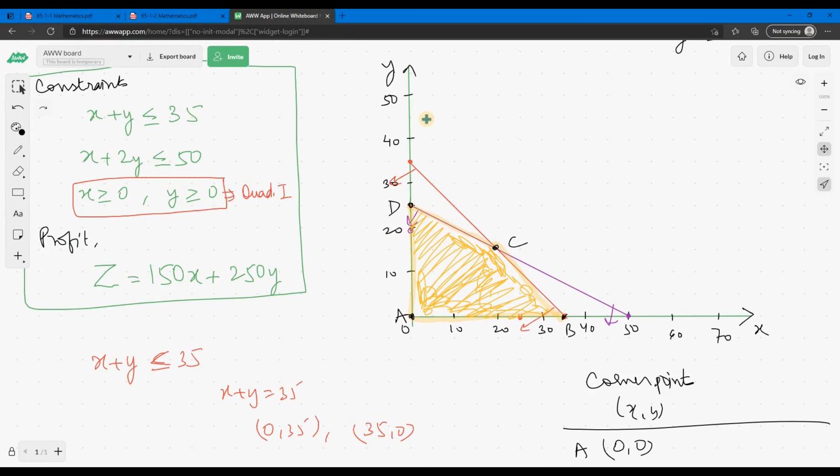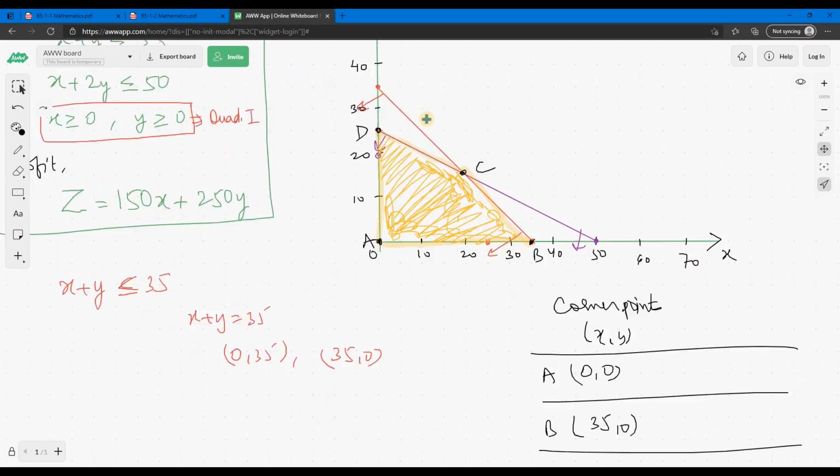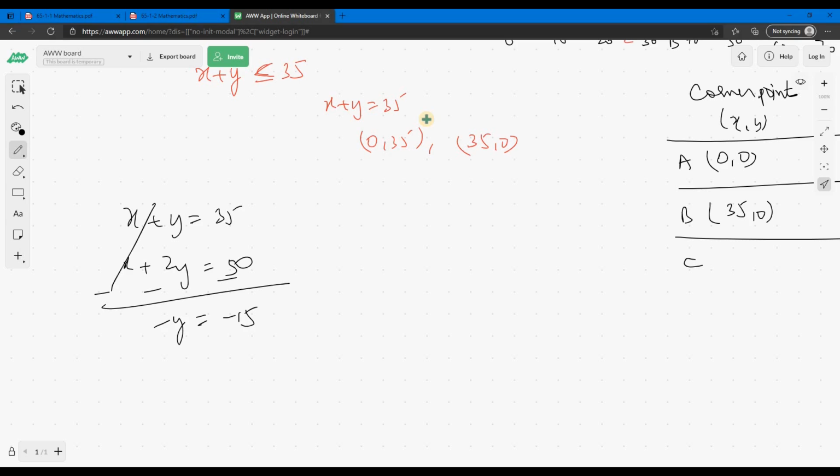Since this equation is x plus y equals 35 and this equation is x plus 2y equals 50, let's do it at the bottom. x plus y equals 35 and x plus 2y equals 50. When you subtract, you get minus y equals minus 15, so y equals 15.